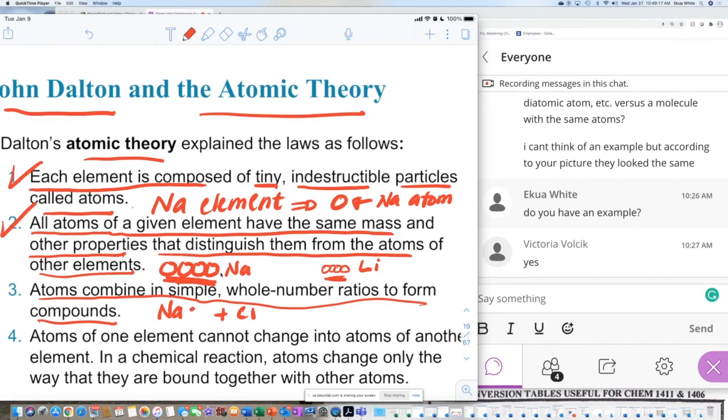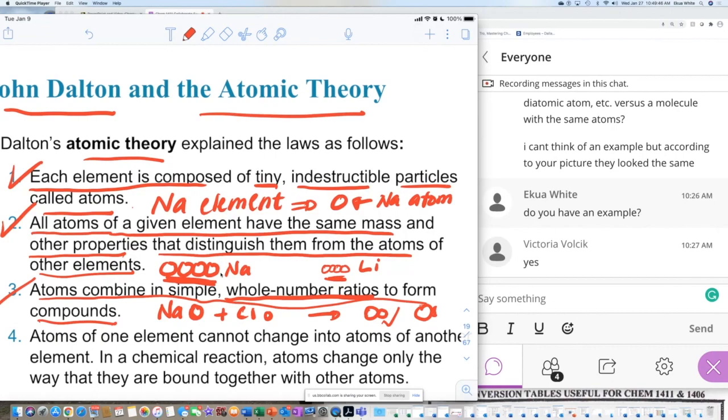One sodium combines with one chlorine and they form sodium chloride. We never have half a chlorine and a whole sodium. This is possible, but this is not possible. We never have half atoms combined. Atoms don't break up and combine in halves. They combine in whole number ratios.